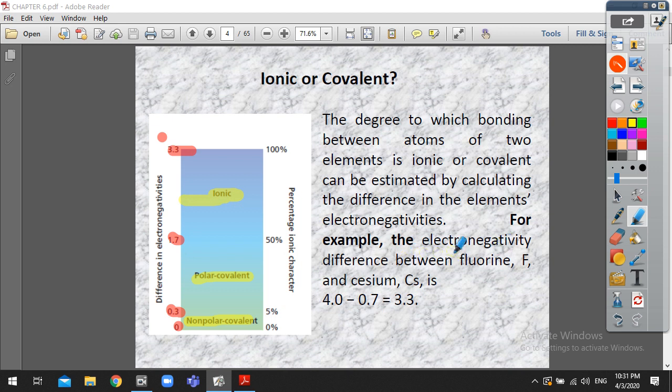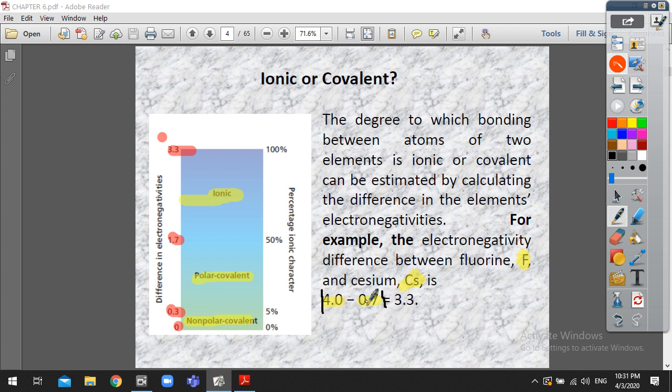There is one example: the electronegativity difference between fluorine and cesium. It asks what the type of bonding is between fluorine and cesium. If you check the chart, which I will also give you in the exam, fluorine's electronegativity is 4 and cesium's electronegativity is 0.7. What's the difference? As I told you before, please, it must be an absolute subtraction.